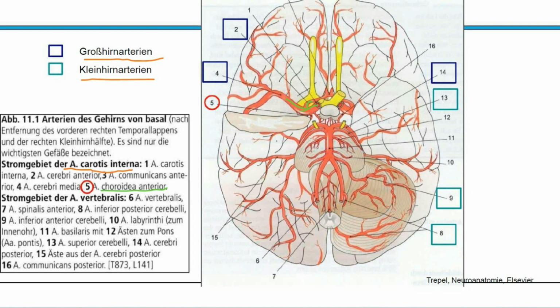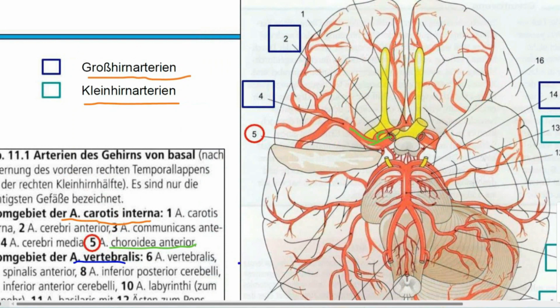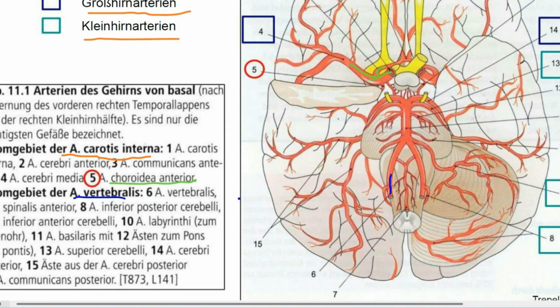Now the area of the vertebral artery, starting with number 6. From here we have 2 vertebral arteries, left and right. Number 8, what's number 8? The posterior inferior cerebellar artery. And why posterior inferior cerebellar artery?